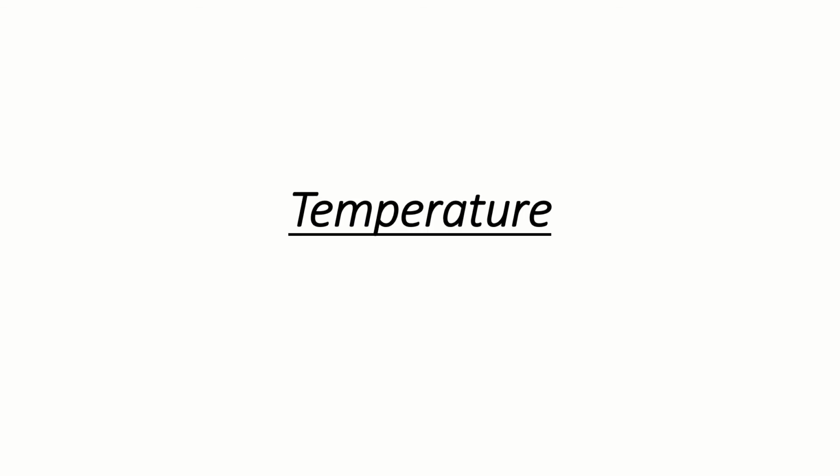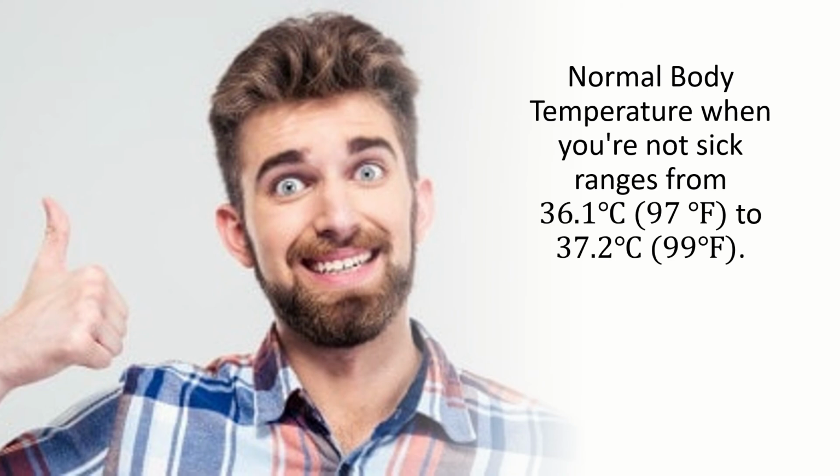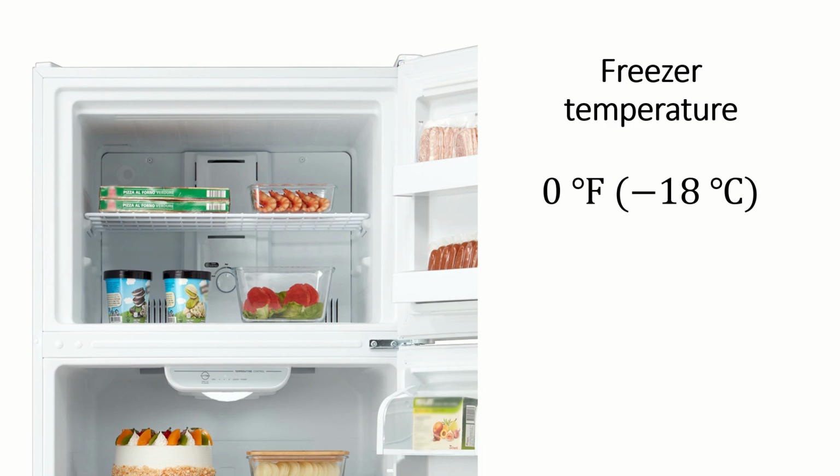Now let's proceed to temperature. A normal body temperature when you're not sick ranges from 36.1 degrees Celsius or 97 degrees Fahrenheit to 37.2 degrees Celsius or 99 degrees Fahrenheit. Now the freezer in your refrigerator is usually 0 degrees Fahrenheit or negative 18 degrees Celsius.